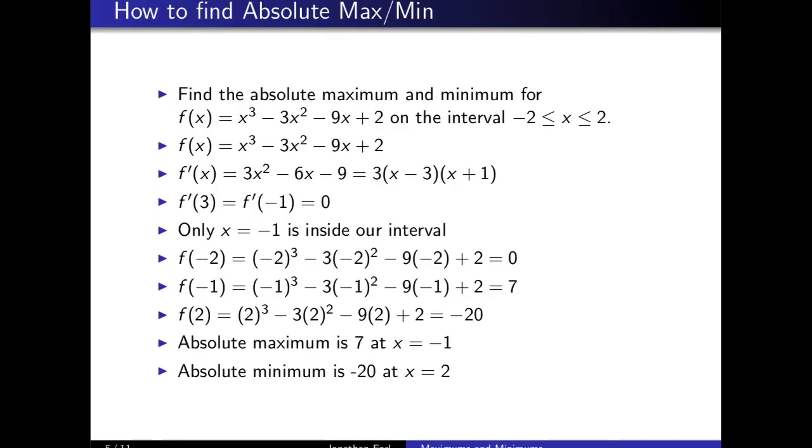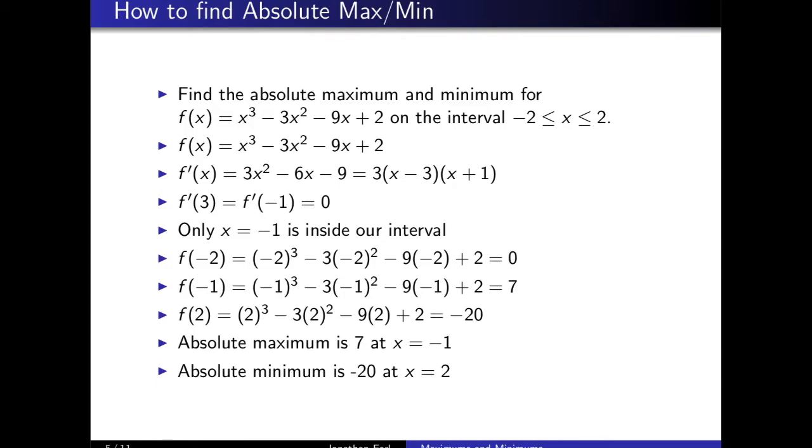Okay, so the first thing that we're going to want to do is find our derivative, and because we're dealing with a polynomial, we know that our derivative is going to exist and be defined everywhere. Then the next thing we're going to want to do is factor everything. Usually when doing these, factoring is really convenient, and if you don't factor, you're going to make things harder on yourself.